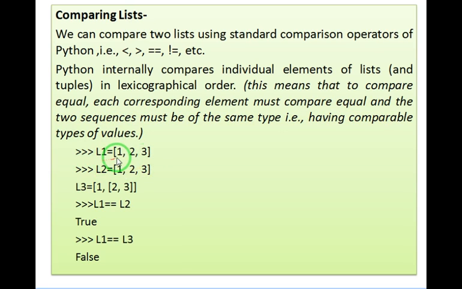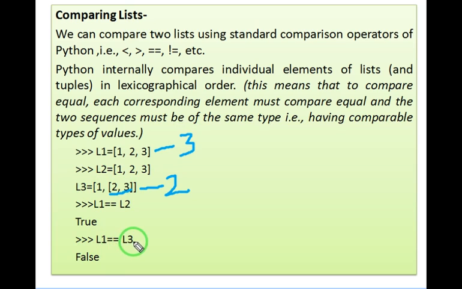Like over here, L1 is 1 2 3, L2 is 1 2 3, L1 equal to L2 is displaying true because L1 is equal to L2. But L3 has the value 1, and then 2 and 3 in a list. So the number of elements in L3 is only 2. Here we have 3 elements, and here 2 elements: one is 1 and the second element is the combination of 2 and 3. It is a nested list.